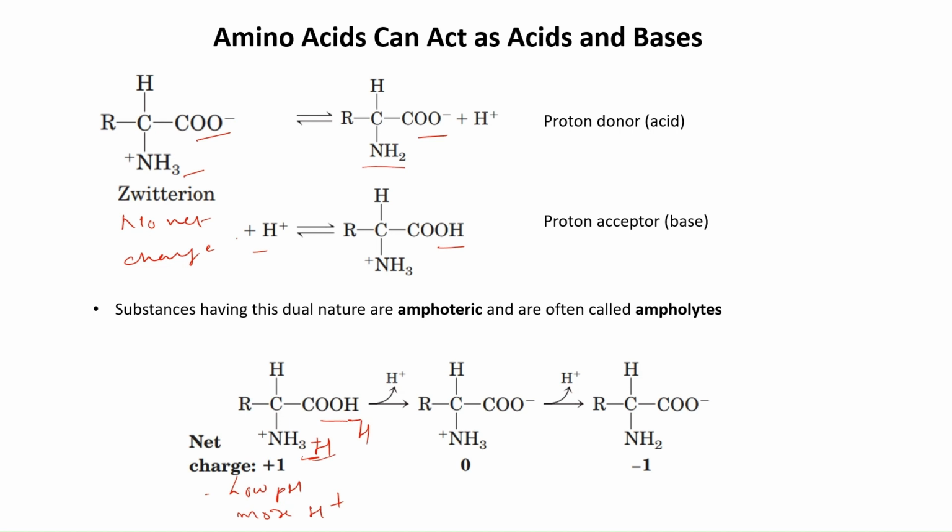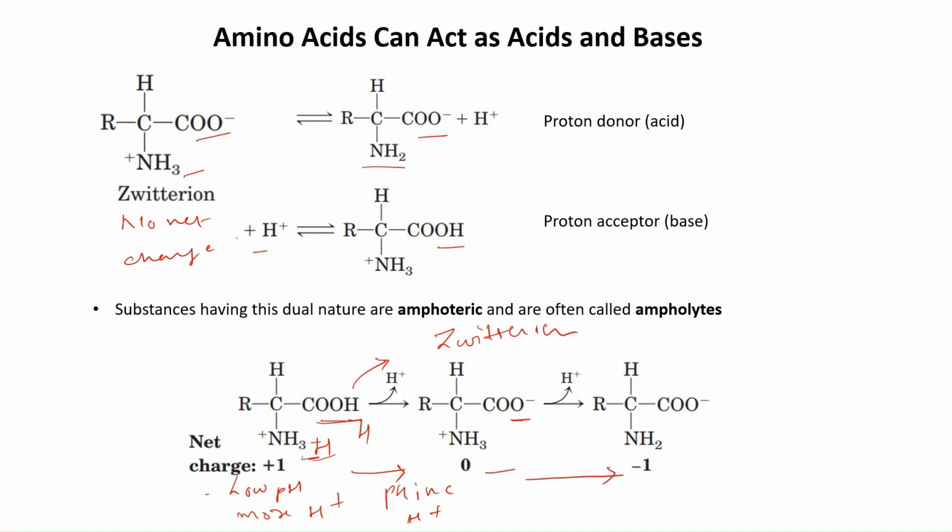Now as the pH increases, H plus is going down. So when the pH is increasing or H plus is going down, in that situation the COOH will lose a proton and get converted into COO minus. So at some point, when COOH has donated its proton but NH3 plus has not donated its proton, the amino acid is in the form of a Zwitter ion, having negative as well as positive charge.